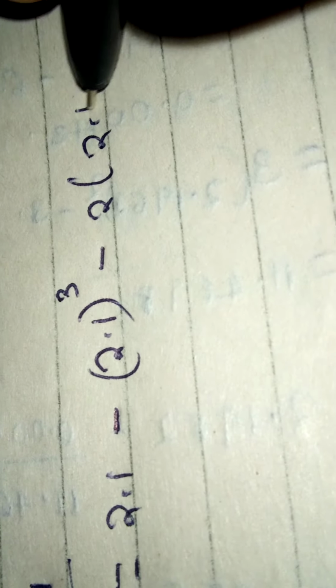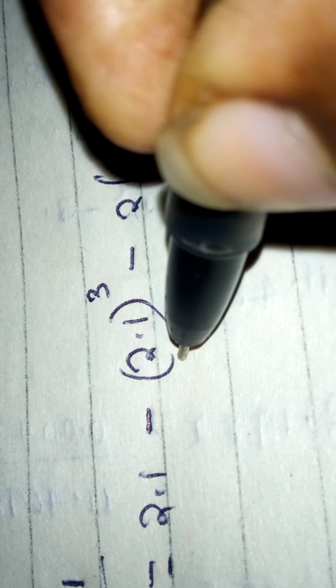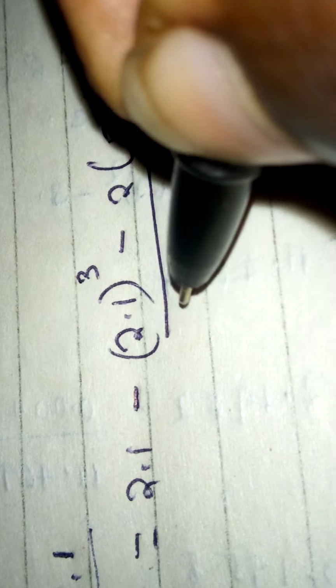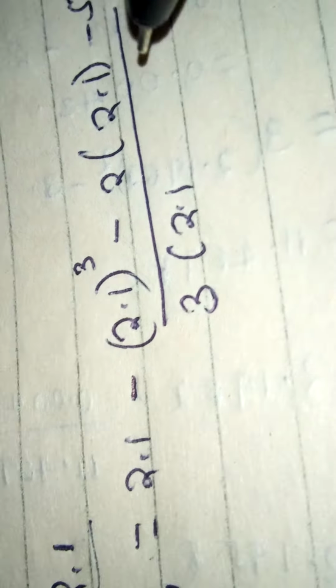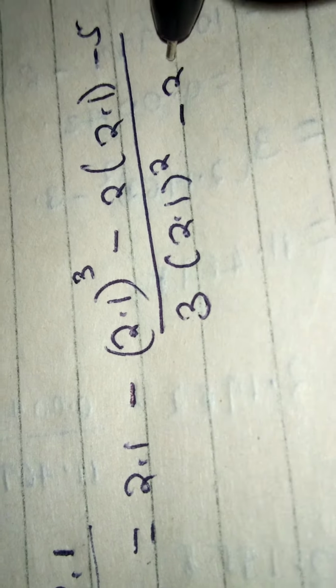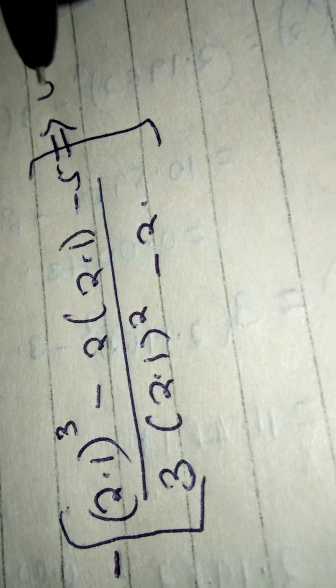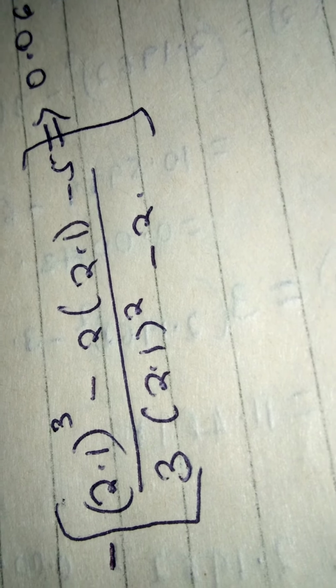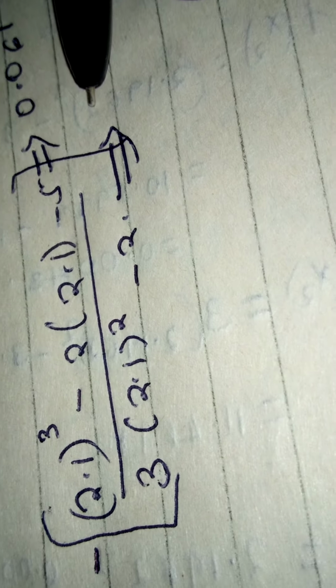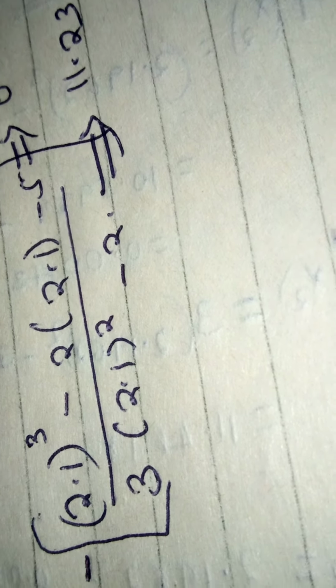So it will be 2.1 cubic minus 2 into 2.1 minus 5 divided by 3 into 2.1 squared minus 2. The upper equation will give you 0.061, and this one will give you 11.23 when you use your calculator.